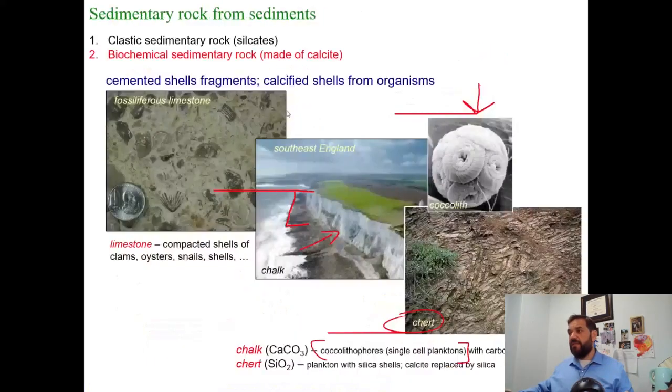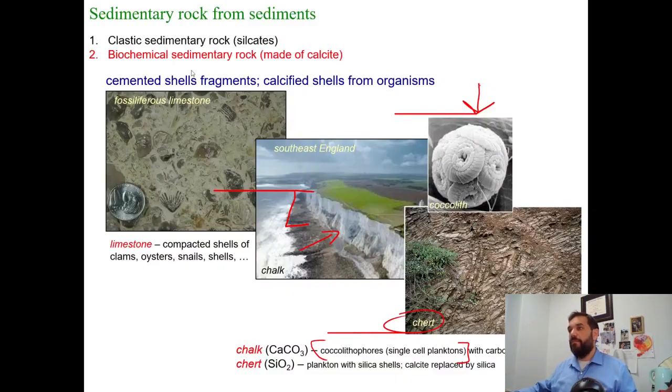Those are all different clastic sedimentary rocks. What are some examples of biochemical rocks made out of shells and tests of marine organisms? Any of the limestones, chalk, coquina, then also chert. It's all made out of marine organism shells, basically.